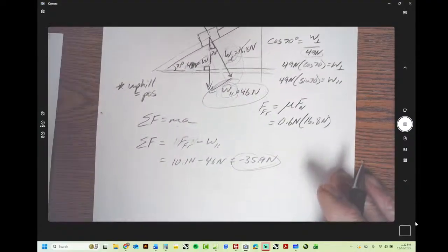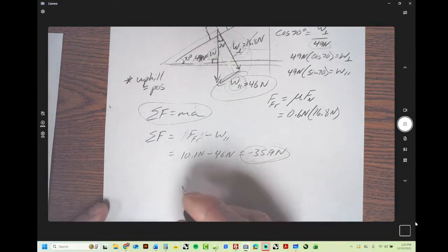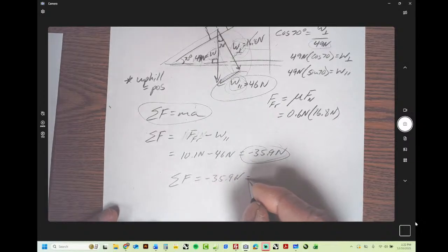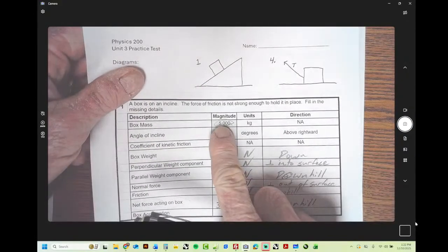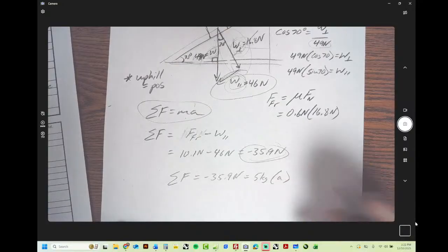And finally the box acceleration. Now I can use this. The net force is negative 35.9 newtons, and that equals the mass of the box, which is 5 kilograms, times the acceleration.